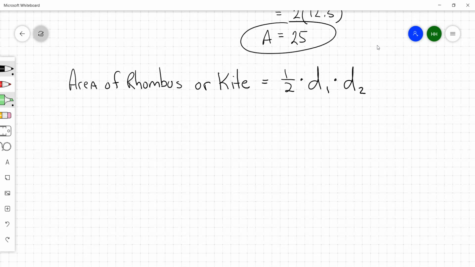All right, let's draw a picture of what a rhombus and a kite looks like first. So here's your rhombus. In a rhombus, all the sides are the same. All right, there's your rhombus.